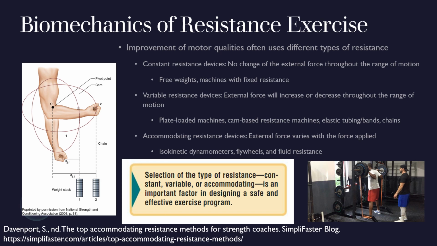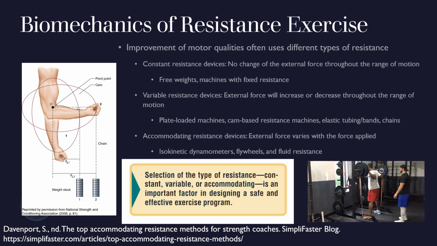It is a form of dynamic resistance exercise in which load does not vary during the exercise. Constant resistance exercises use simple equipment such as free weights, which can be moved by concentric and eccentric muscle actions. Free weights, machines with fixed resistance, body weight, cable pulleys, or other equipment are also considered.